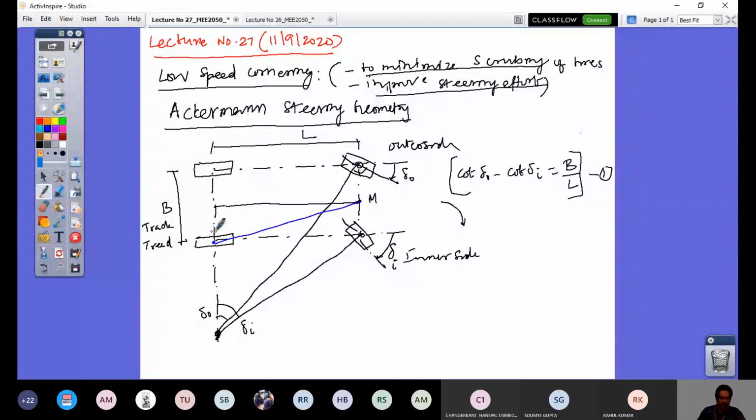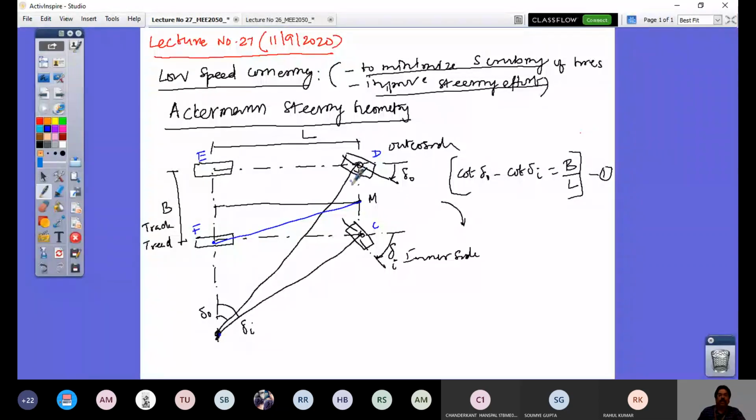Say this point is C, this point is D, this point is E, and this point is F. So I have joined MF, and that is intersecting the line produced from D at right angle to this steer angle to meet the center of turn. These two intersect at a point, say this point is Q.